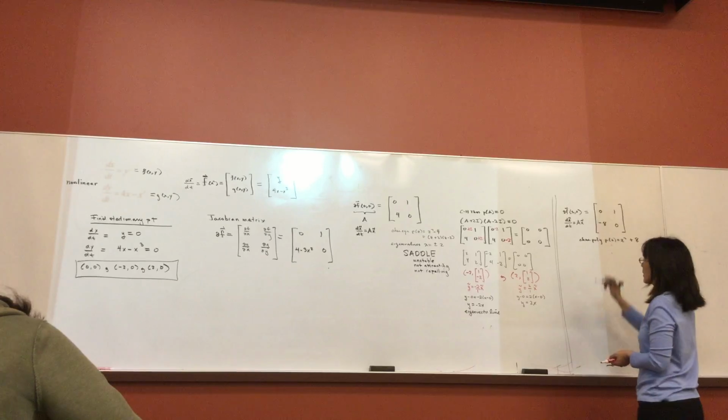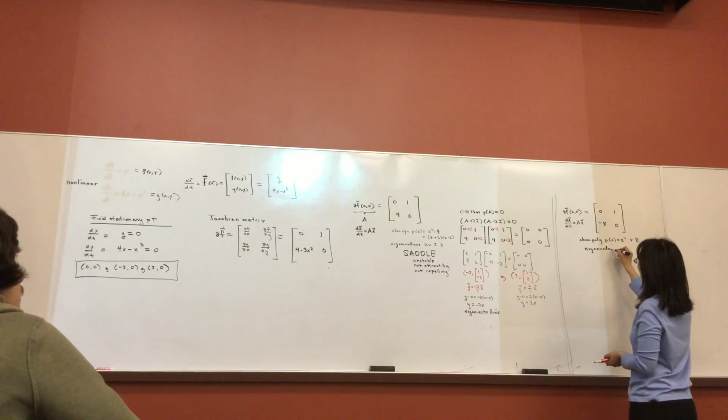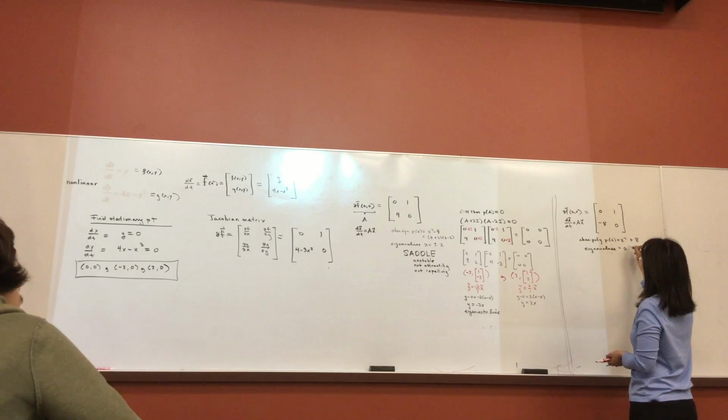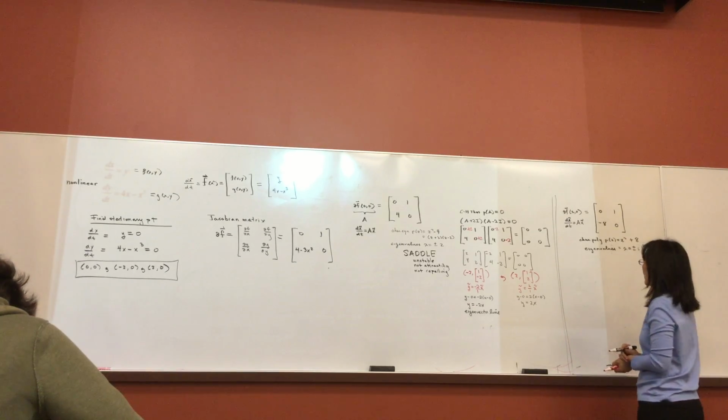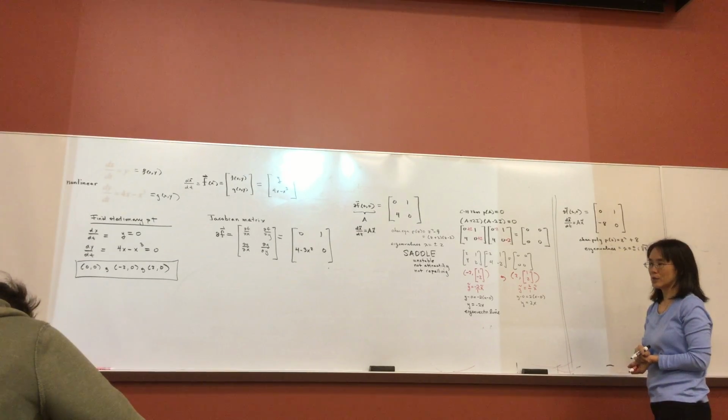So right there, what are the eigenvalues? Lambda equals plus or minus root 8 i, right? But with pure imaginary eigenvalues, what do you have?